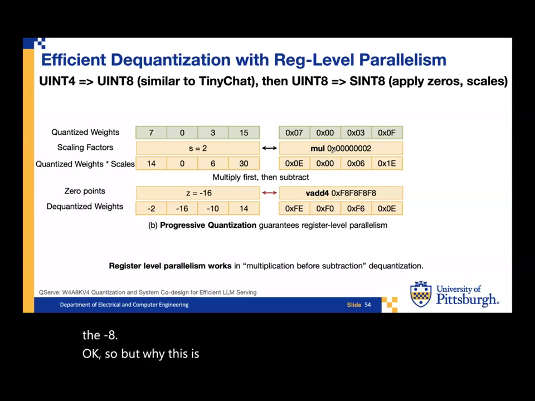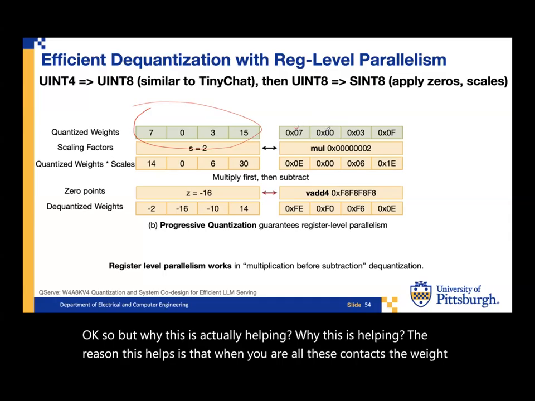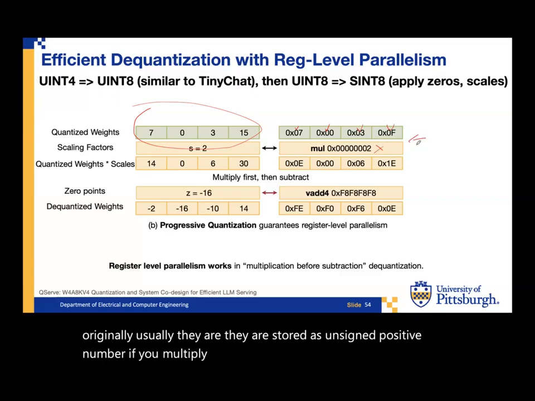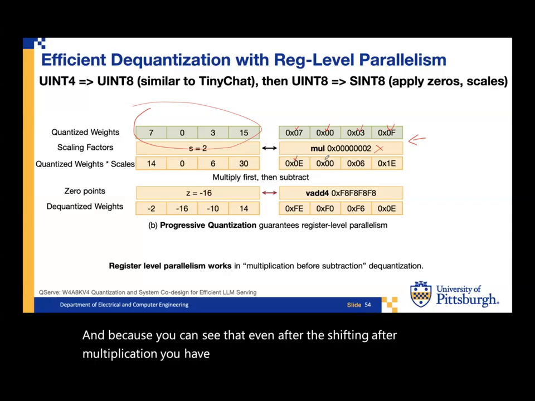The reason this helps is that all these quantized weights are usually stored as unsigned positive numbers. If you multiply this number, essentially it's a shifting, right? And you can see that even after the shifting, after multiplication, you still have all these zeros before the number.